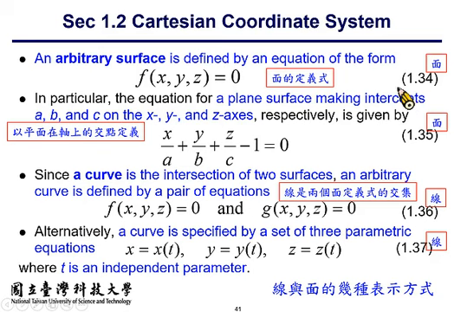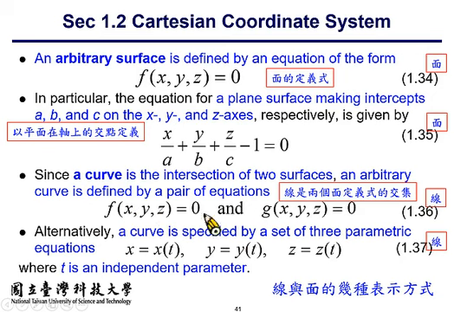So in equation 1.36, you have a function f, which is a description of 1 surface. Function g is the description of another surface. If you can satisfy both equations, you are located on the line intersected by the 2 surfaces. Alright?